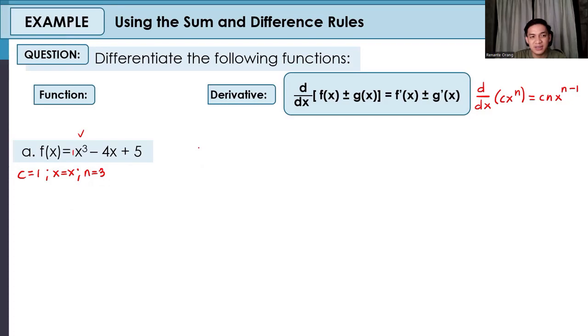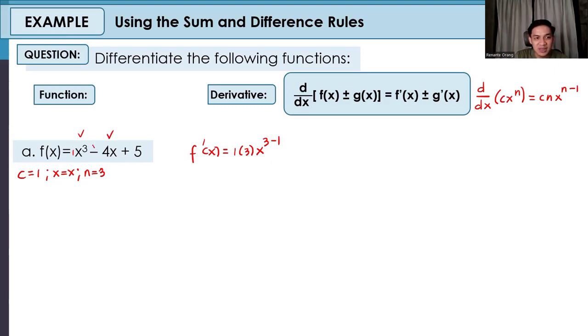So, differentiate natin siya. F prime of x is equivalent to, constant natin is 1. N natin is 3. X natin is X, then N is 3 minus 1. So, mamaya na natin siya i-simplify. Proceed tayo dito sa kabila.